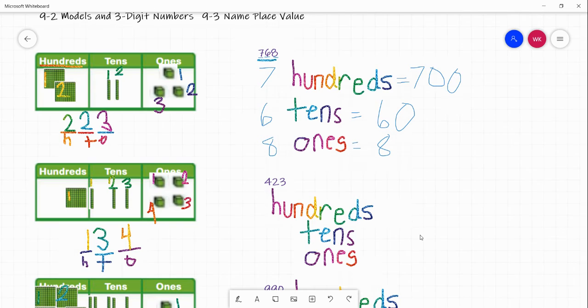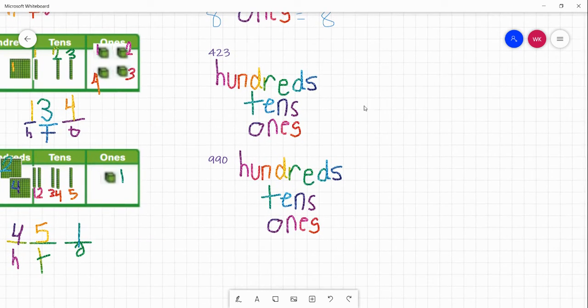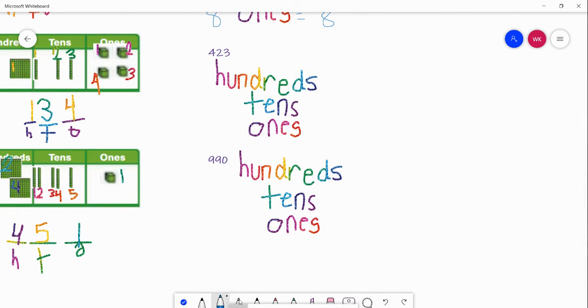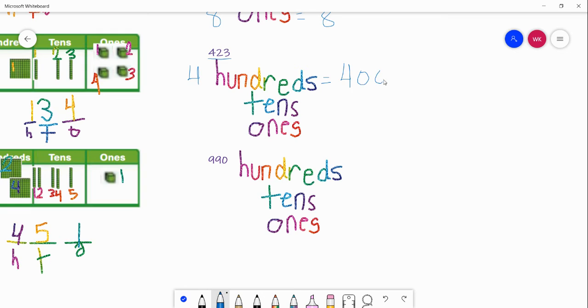So that is just breaking it down by place value, seeing what all of them actually equal. Let's go ahead and go on to our next problem. We have 423 right here. Let's see how many hundreds we have. When I say 400, that means we have 4 hundreds, or 4 blocks, which equals 400.